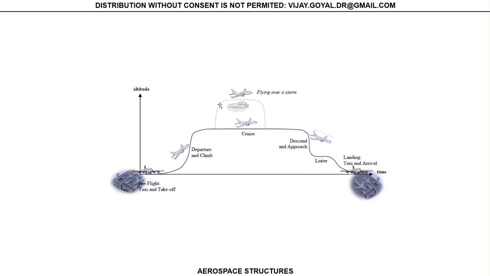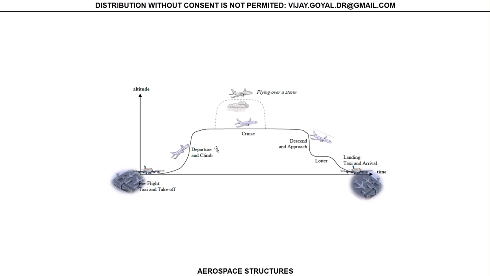But typical practice is to go above the storm and then come back down. So this is what your typical airplane flight looks like. And when it's descending, you may be loitering, just giving circles in the airport, waiting for your turn to land because there's a traffic jam of planes landing.